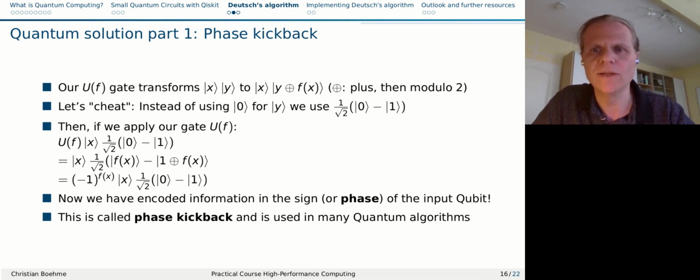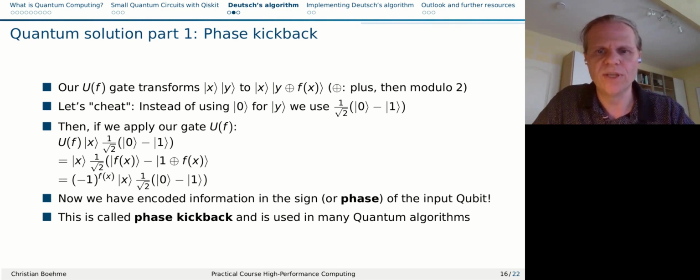Because we already have 1 in the y variable, or in the second qubit. Okay, now let's look at this. If f of x is 0, then this is again the 0 state minus the 1 state, because then this part is also 0, so this is just again 0 minus 1, which was our original state.